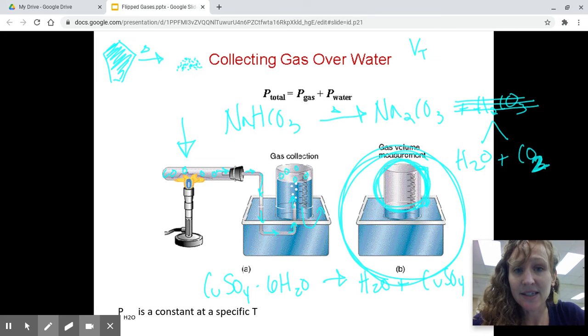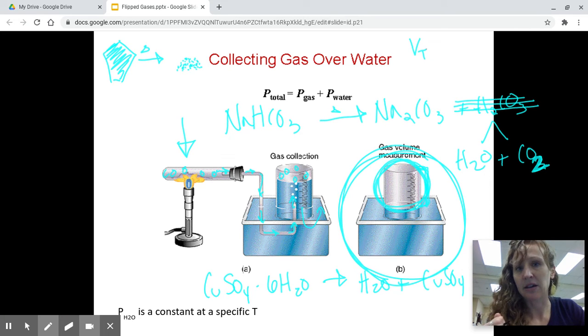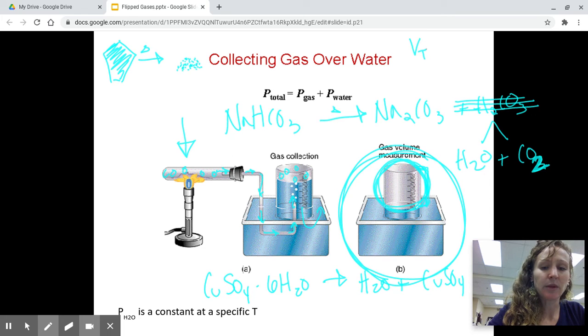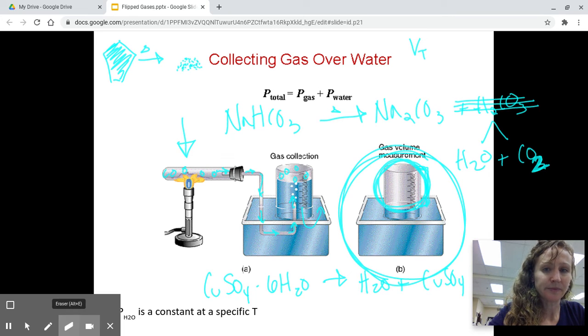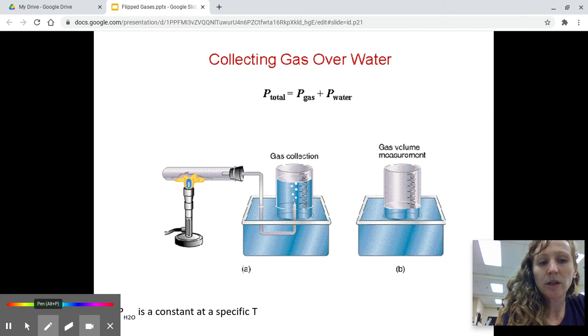What gases are here? Let's say we do an experiment where our thing that's being decomposed produces hydrogen gas, for example. Let me erase what I have up here, and we can do that. Okay, so for example, if we combine zinc with hydrochloric acid.